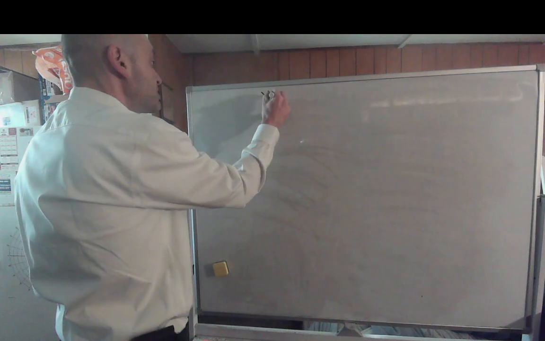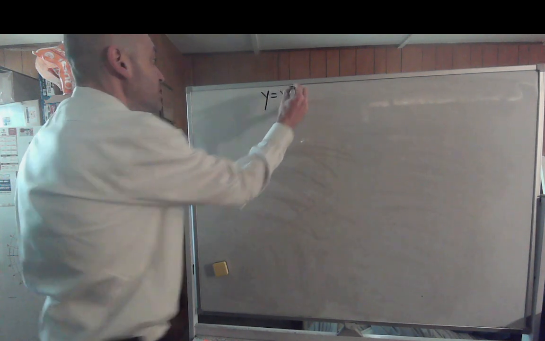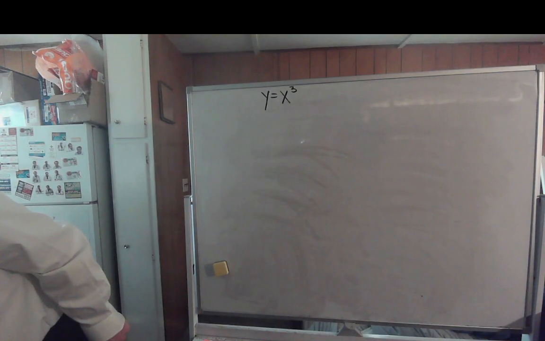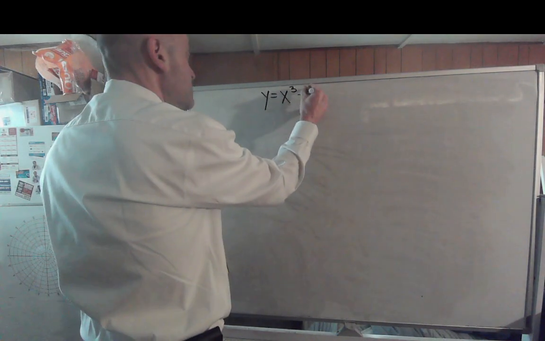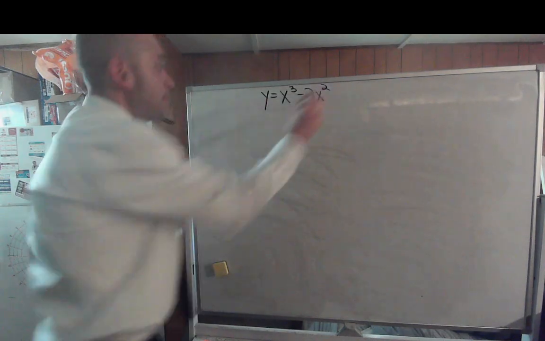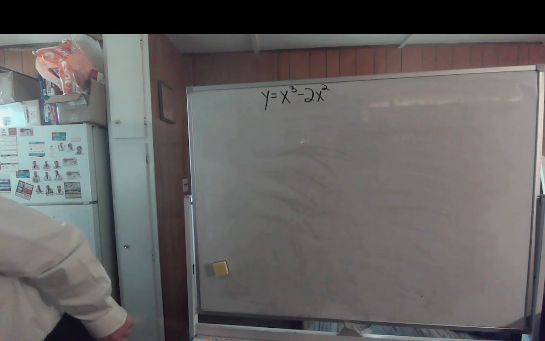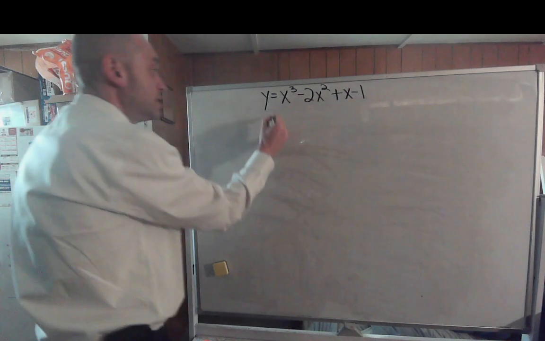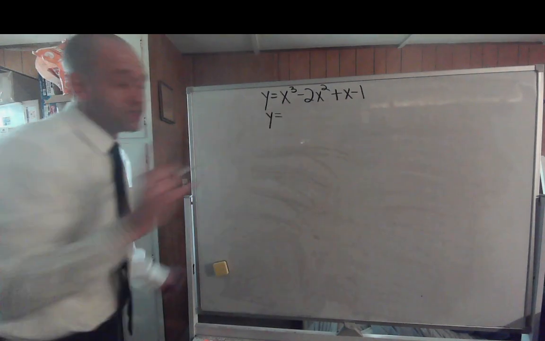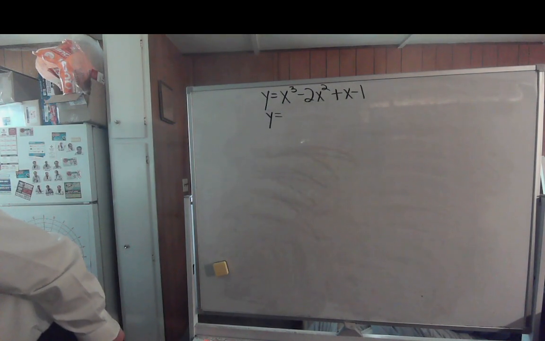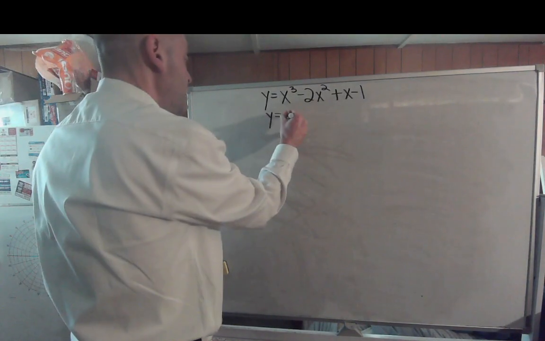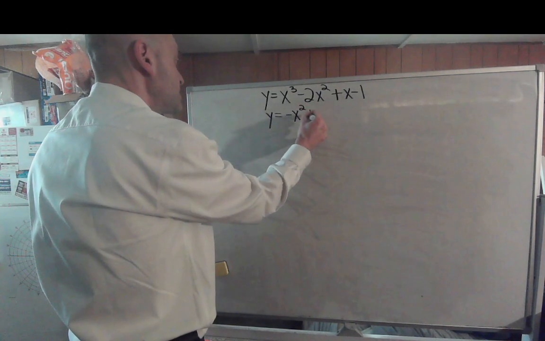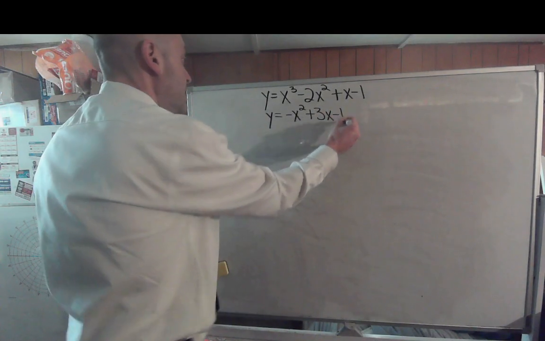All right, so a similar type of problem: y is going to equal x to the third minus 2x squared plus x minus 1, and then y is also going to equal negative x squared plus 3x minus 1.